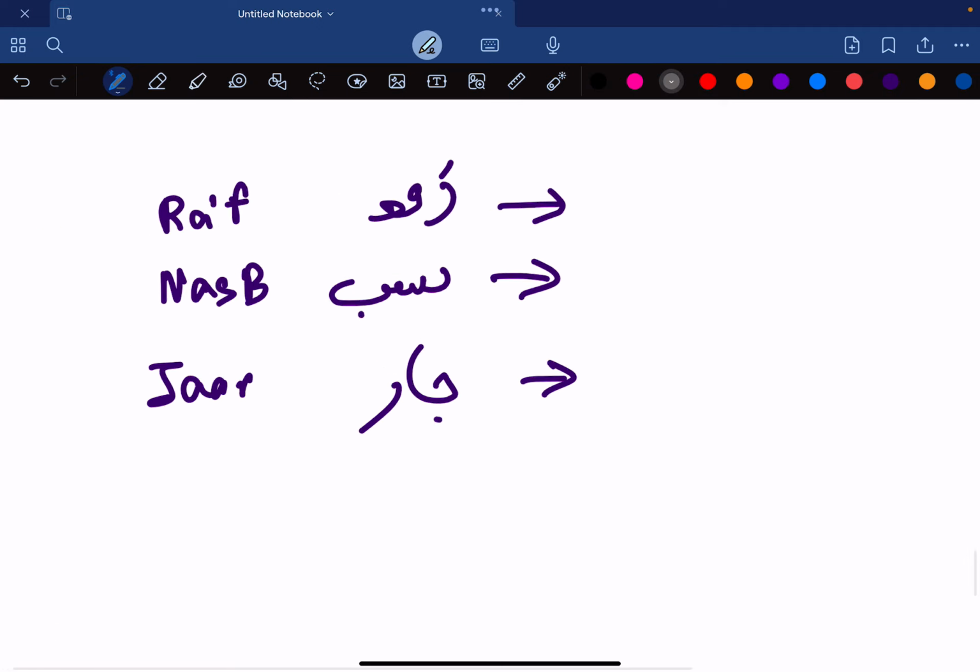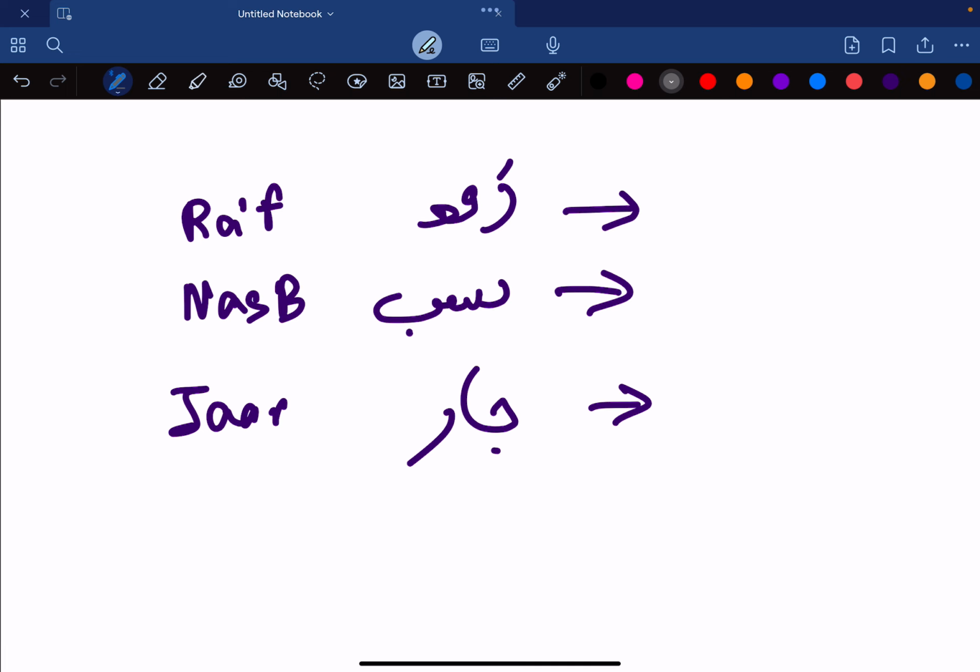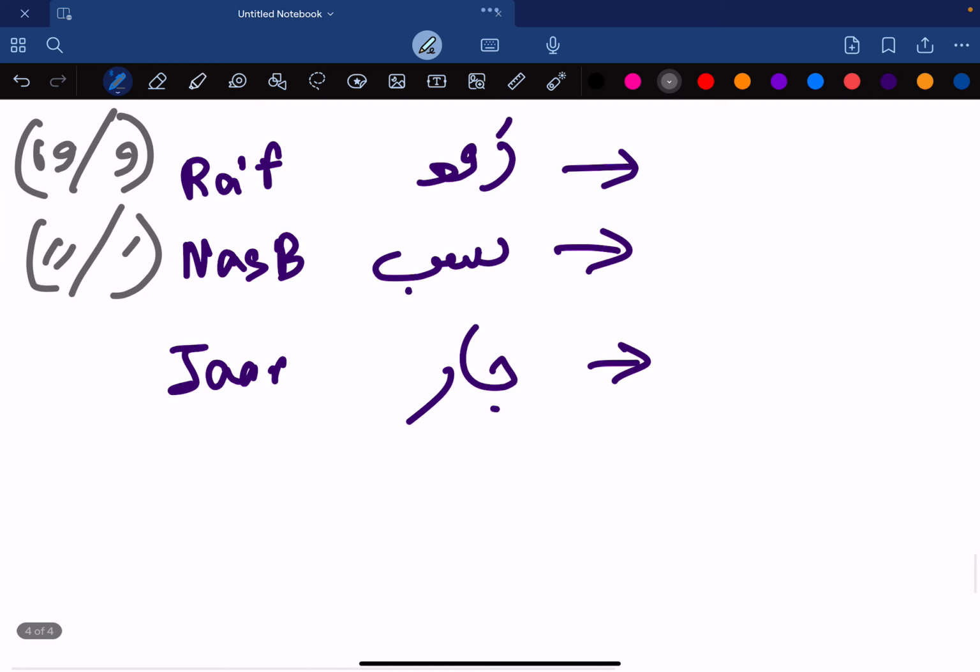To put it simply, Rafa, nasb, and jar. Okay. Rafa is damma, dammatain, it doesn't matter. Nasb is fatha, fathatain, doesn't matter. Anyone. Jar, you've guessed it. Kasra, kasratain, anyone.